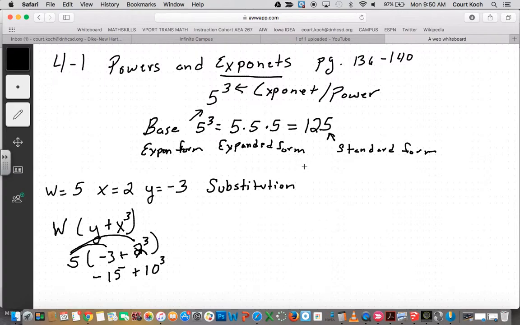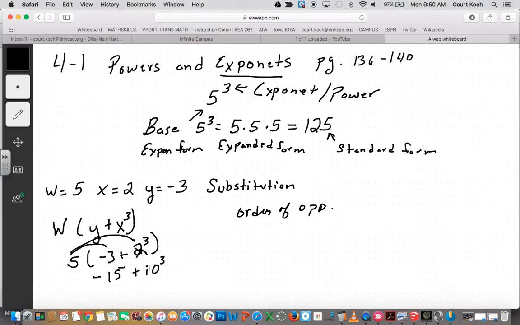Now, following order of operations, I know that I need to handle this exponent.